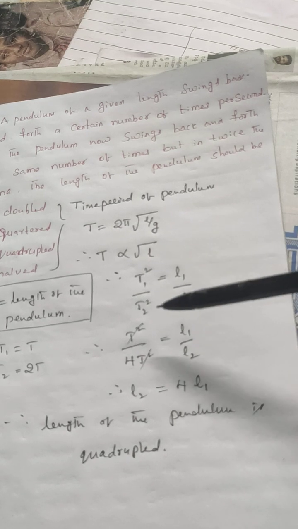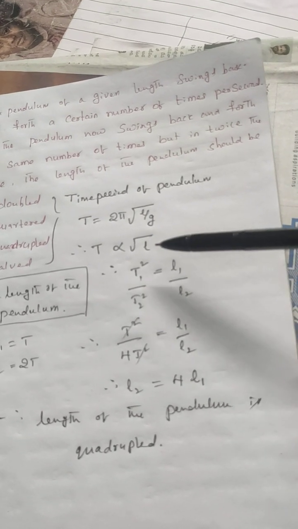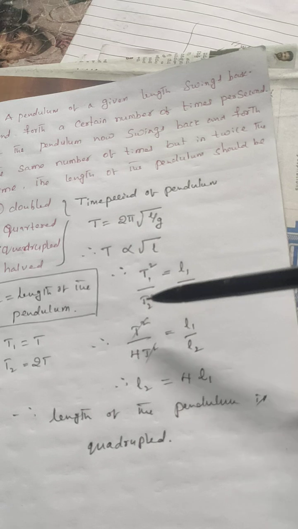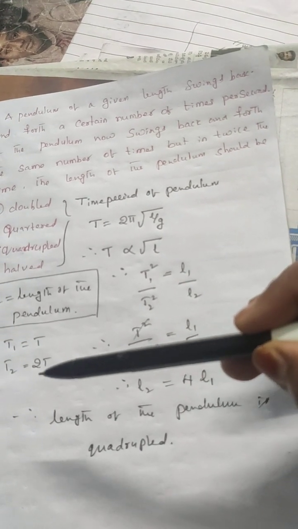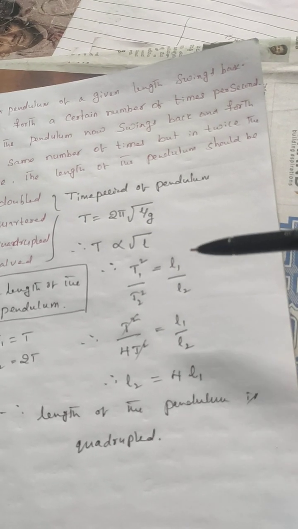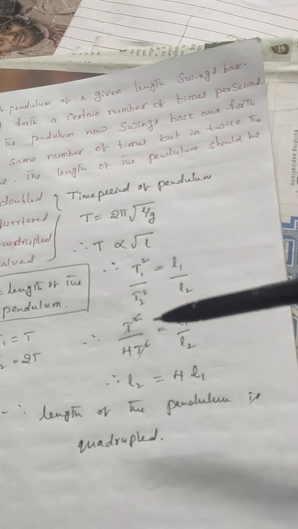Both are directly proportional, so we write the equation like this: T1 squared by T2 squared is equal to L1 by L2. Why? Because in this relation we are squaring, so we write it like that. Now T1 squared is T squared. For T2 squared, instead of T2 we substitute 2T, which is 4T squared. Now L1 by L2: T squared gets cancelled.